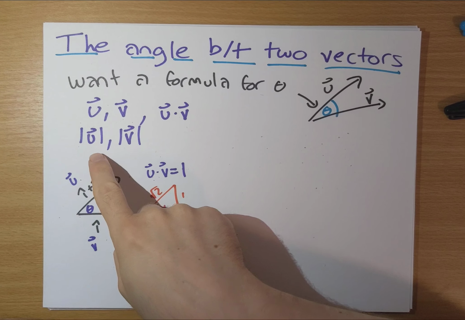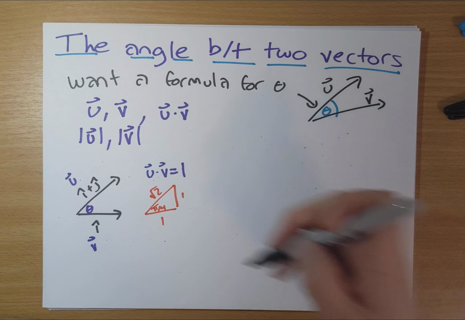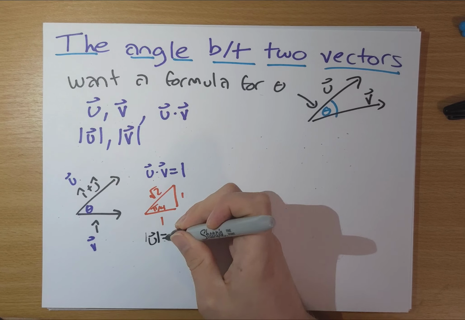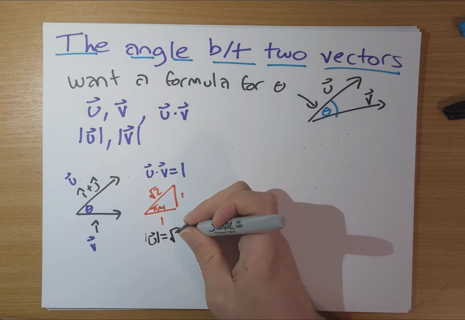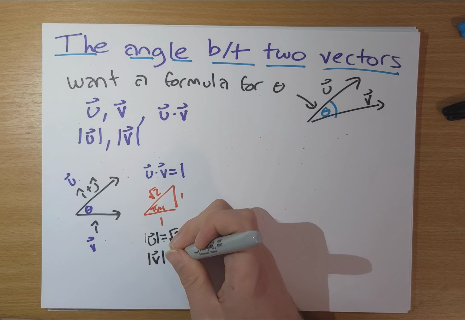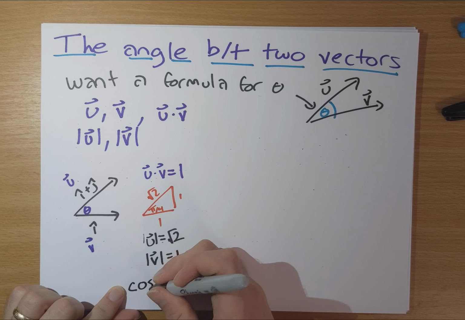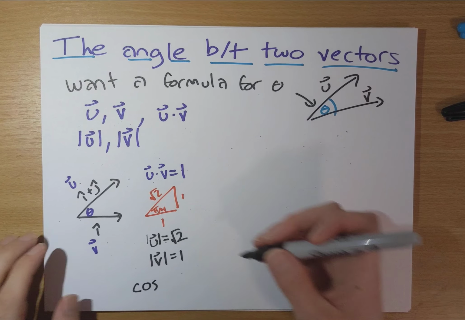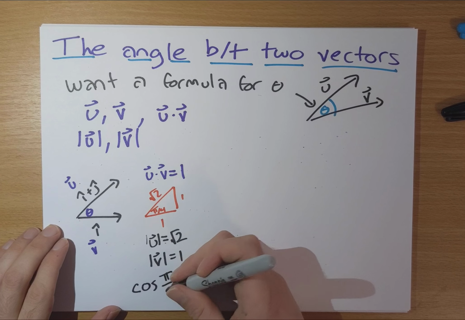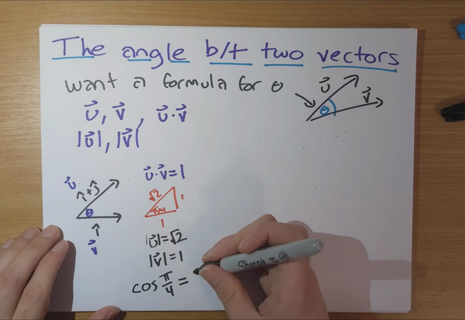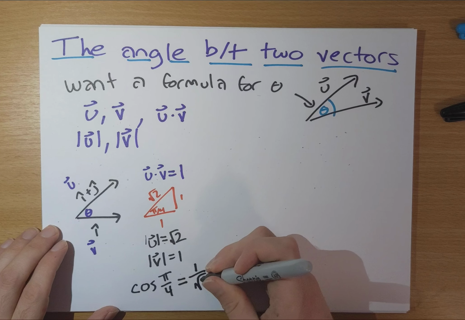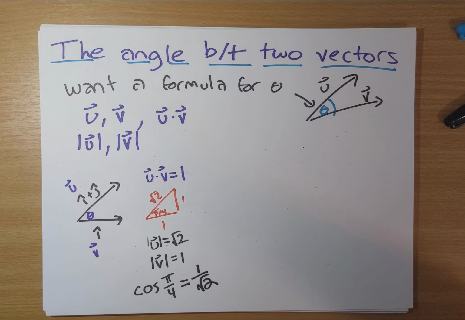Also, let me just point out here the magnitude of u and the magnitude of v. Magnitude of u here is square root 2. Magnitude of v here is 1. And let me finally point out here that the cosine of pi over 4 is equal to 1 over square root 2.